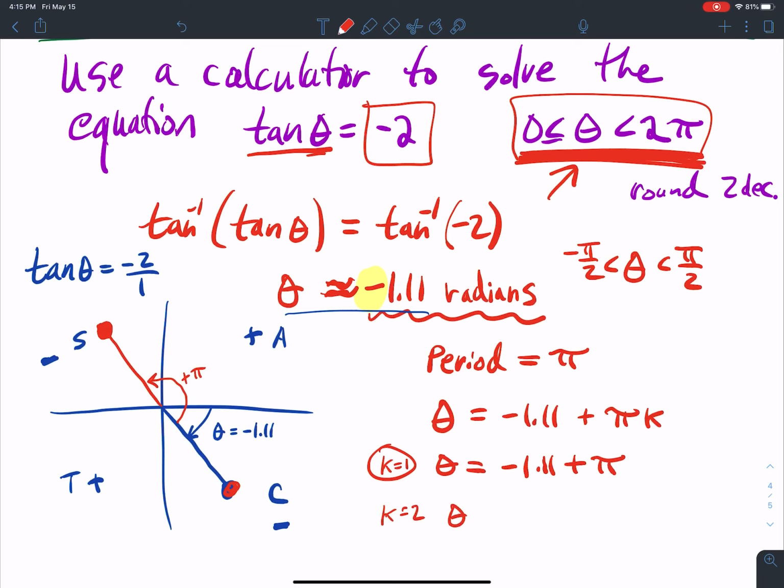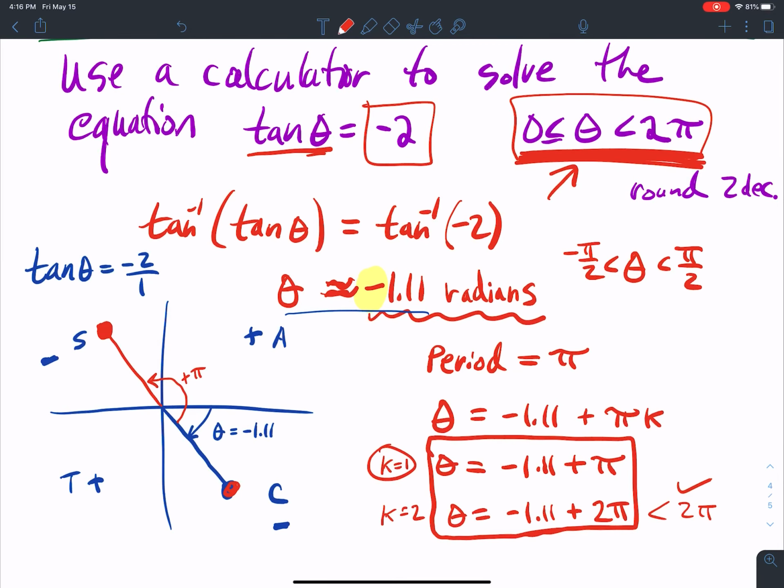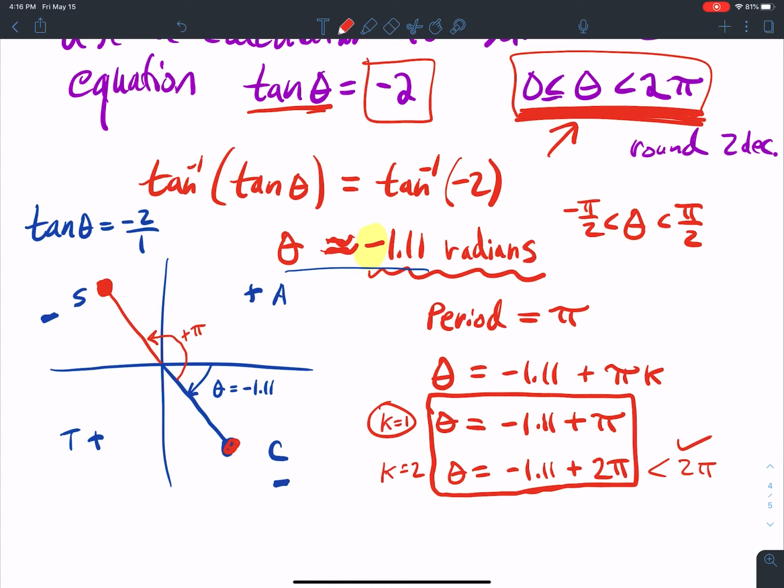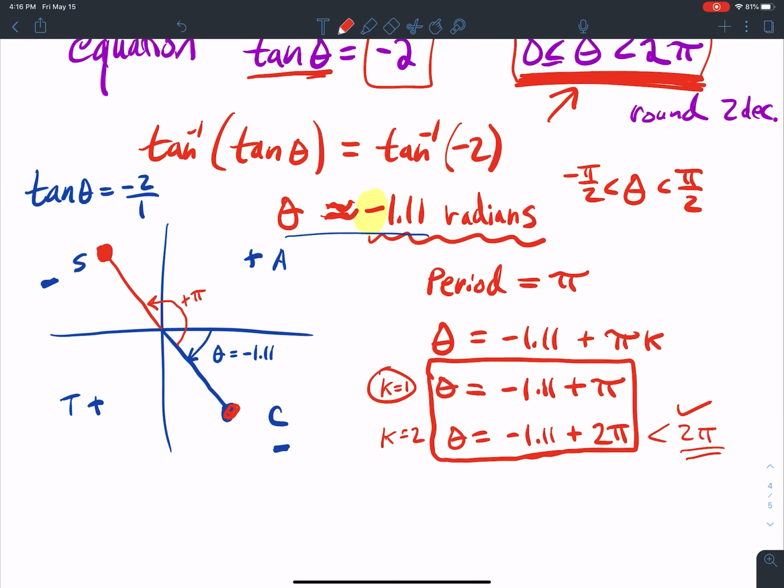K equal to 2, theta is going to be -1.11 plus 2 pi. Is that going to be less than 2 pi? Yeah, because I'm subtracting that negative number. So these are my two answers right here. If I add another pi to that, that's going to actually make it greater than 2 pi. And so those are the only two answers.